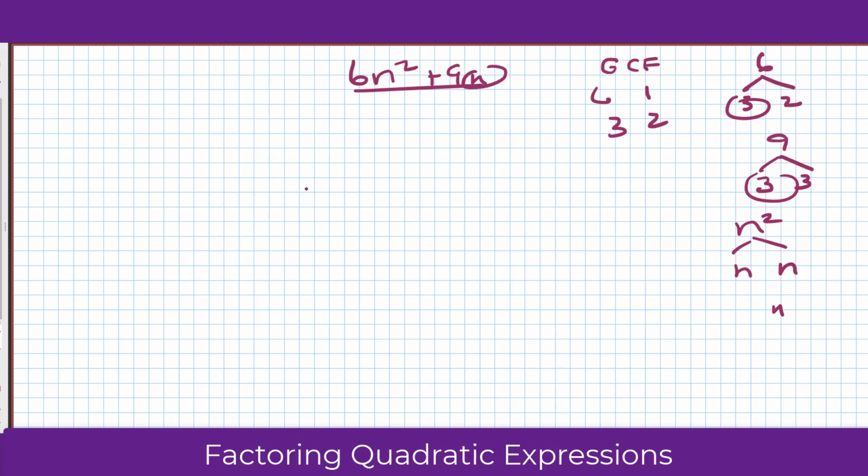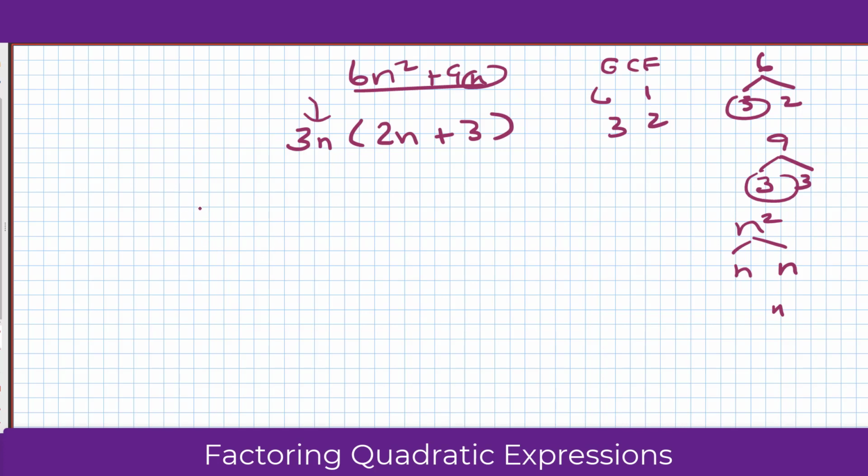So 6n squared plus 9n equals 3n times 2n plus 3. When we found the greatest common factor of both the 3 and the n, we were able to factor 3n out and use the distributive property to get back to 6n squared plus 9n.